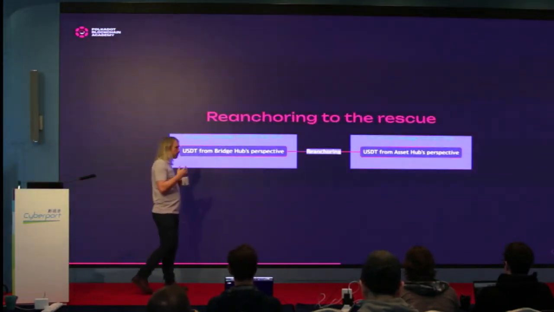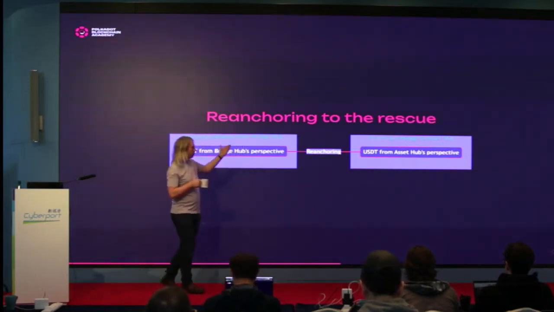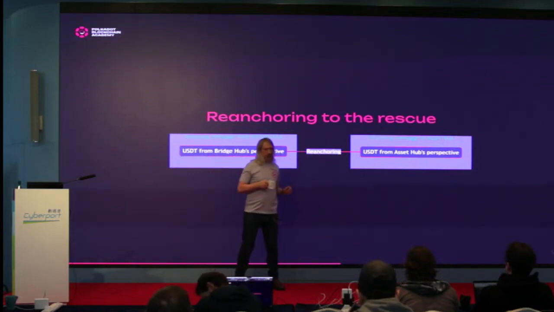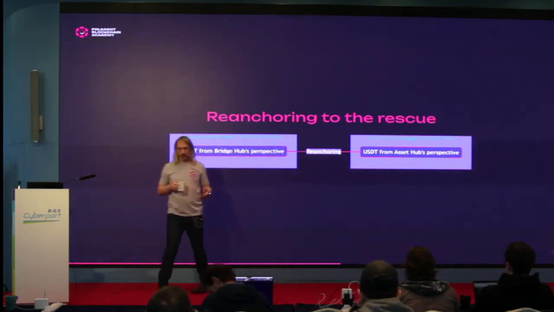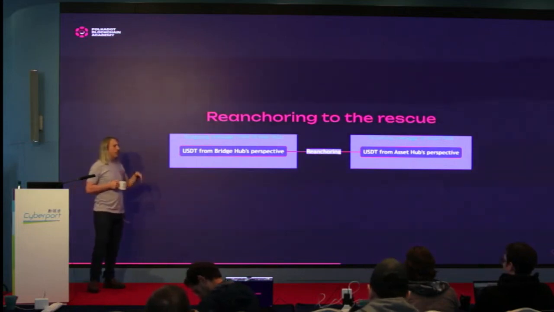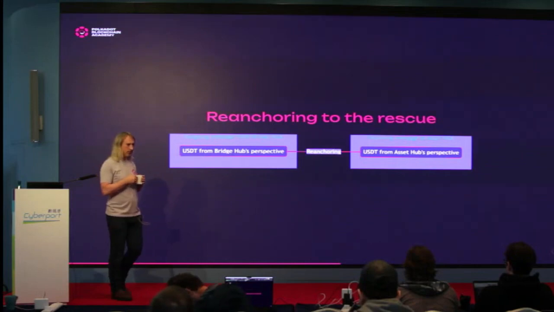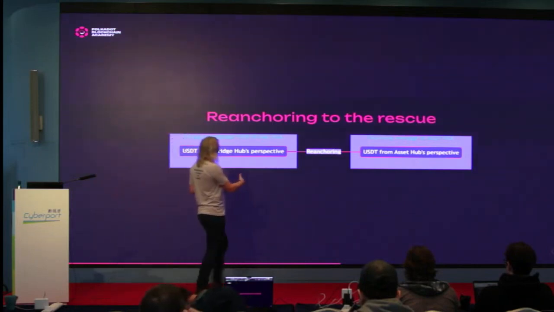Now, if you're just manually making the messages, re-anchoring isn't important because you will already have the message in the correct destination form. But it makes a lot of difference when you are programmatically making a message.